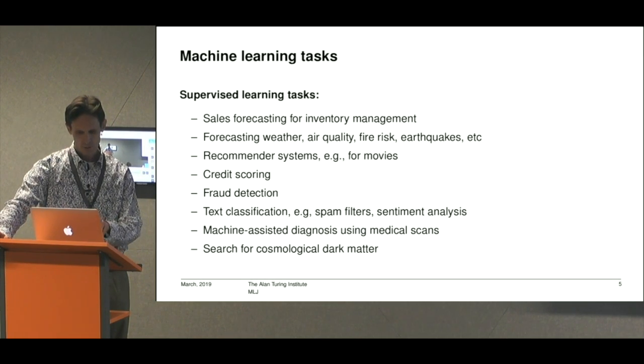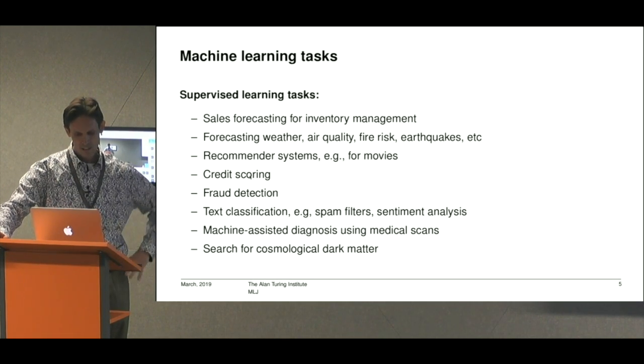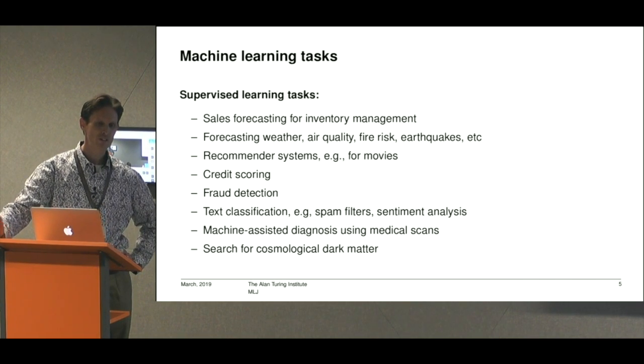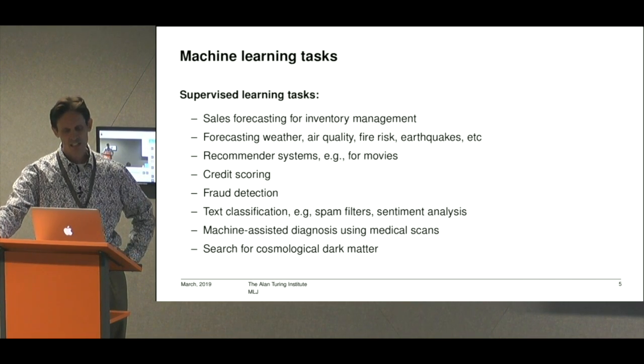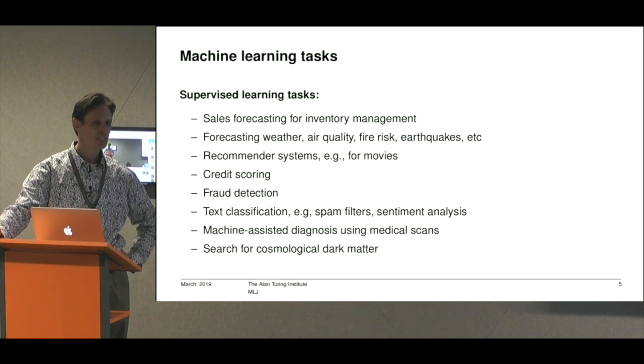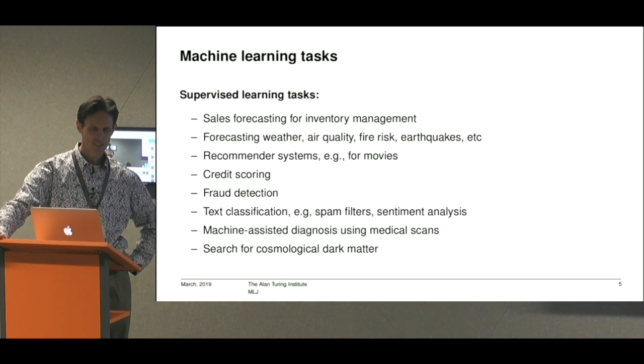For example, we can look at credit scoring here. So in credit scoring, maybe you have a database of customers, and you know various things about your customers: their age, their name, their salary, where they live, and so on. And you'd like to extract from that a measure of their risk in terms of giving them a loan.